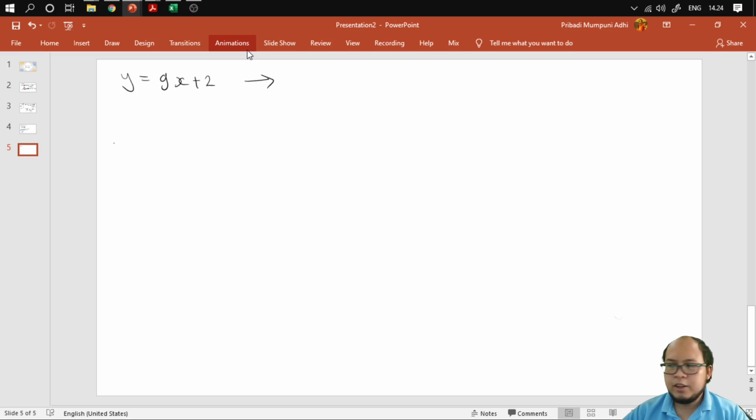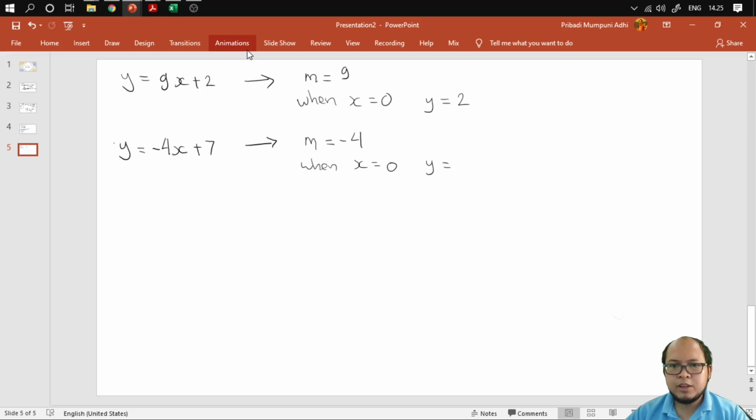In this equation, the slope or gradient is 9, and when x equals 0, y equals 2. The next one is y equals minus 4x plus 7. This one has a gradient or slope equal to -4, and when x equals 0, y will be equal to 7.